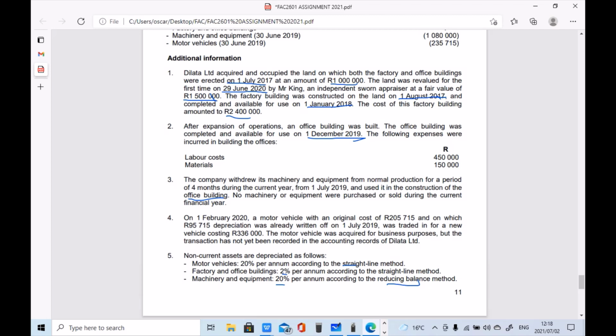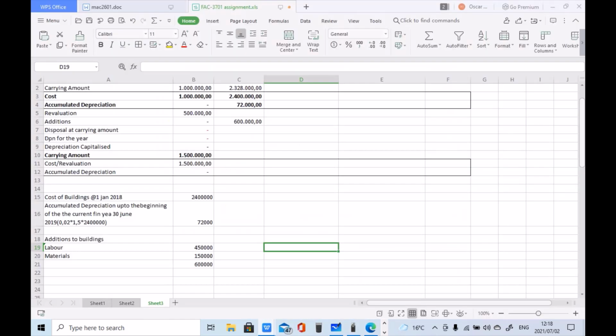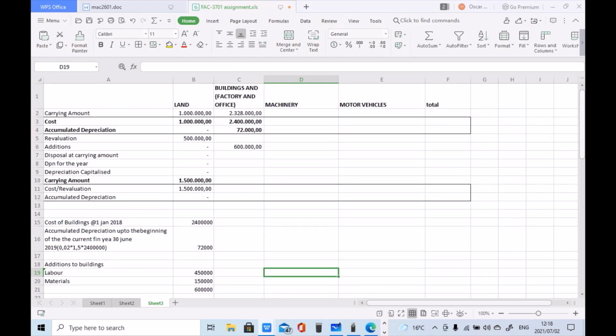We need the cost of our equipment at the beginning. So machinery and equipment had a cost of 3 million, so we're just going to enter that in. Fortunately, they told us that our equipment maintained the same cost from the beginning to the end. No equipment was added, so the cost of our equipment is still the same.